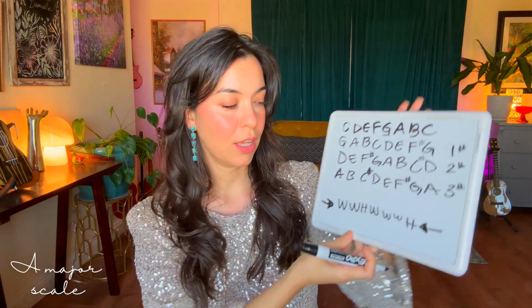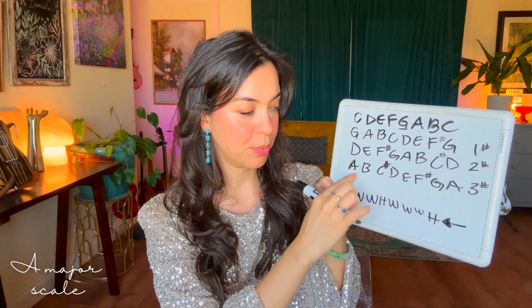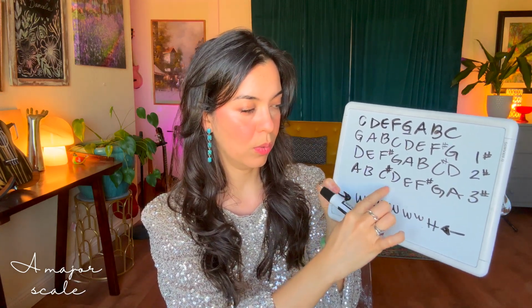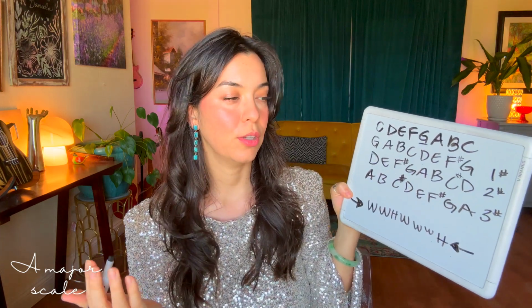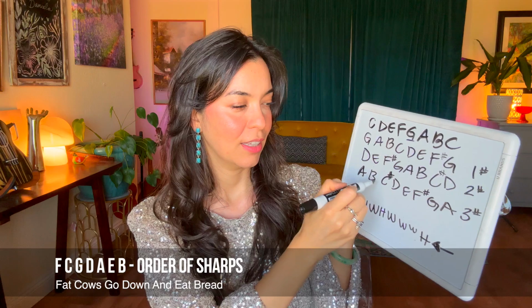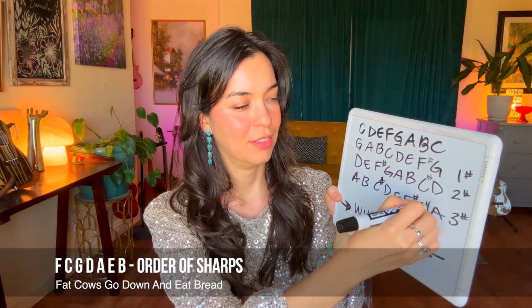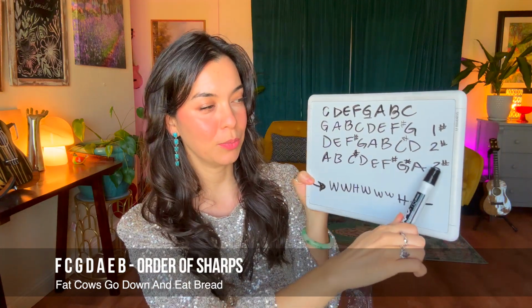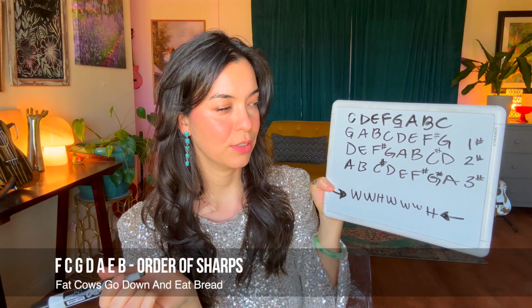And we can either apply the steps, a whole, half, or you can remember your order of sharps. Fat cows go. And we only need 3 because we already wrote that note to ourselves.